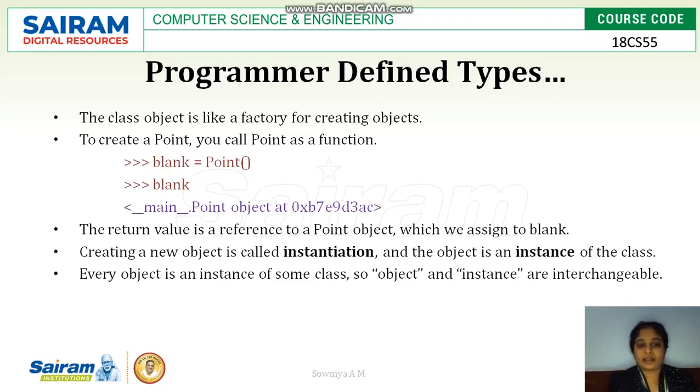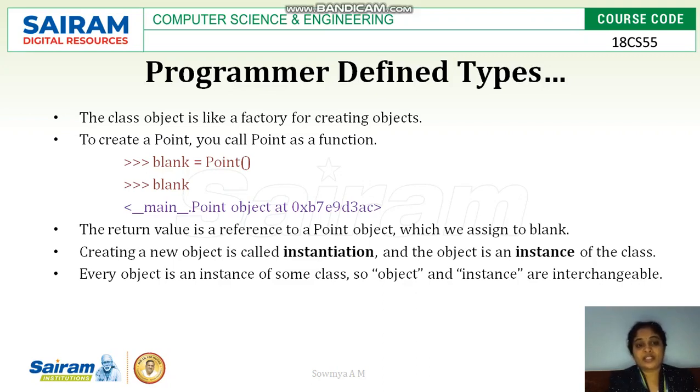So if I give blank in our editor window, then it shows main. Since the class of Point was main, the object will also be a main object for the class, and it shows the place or the memory address where the object blank is created.